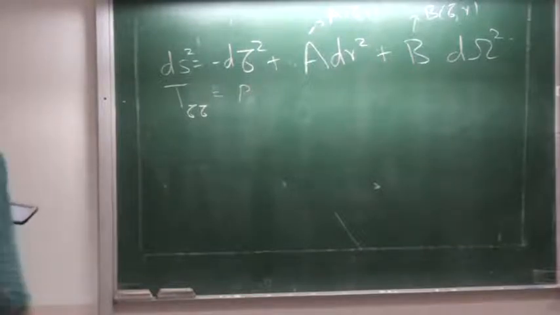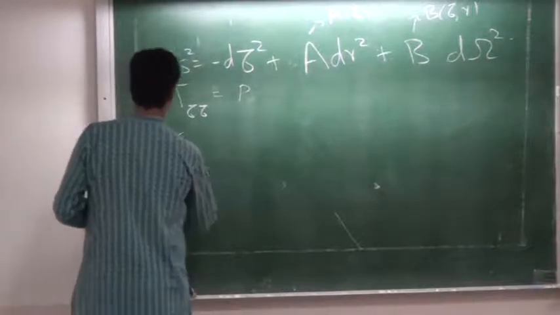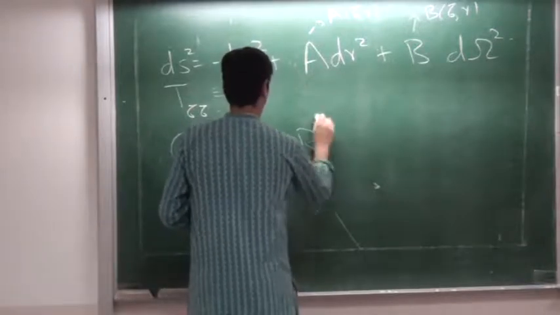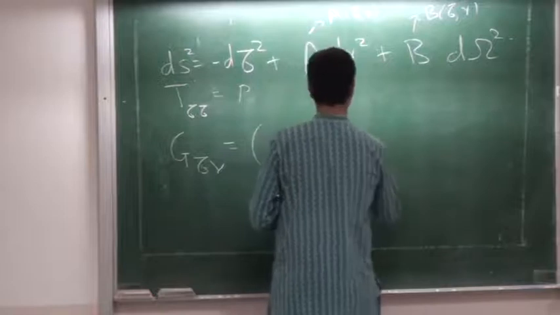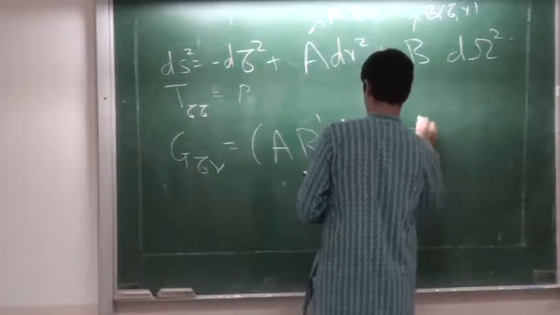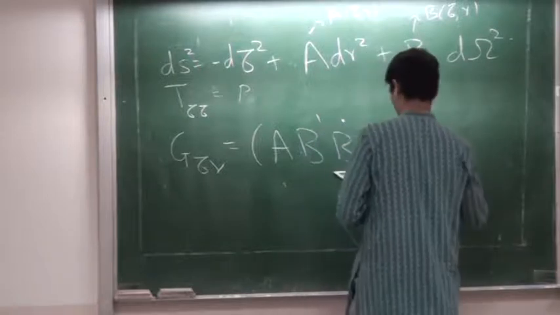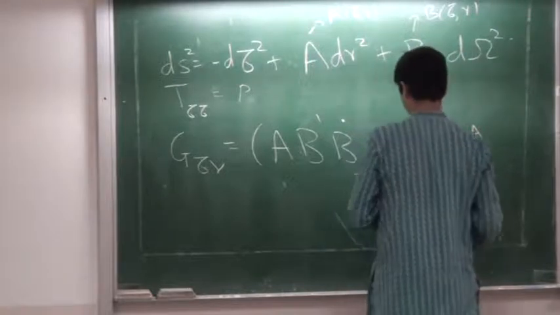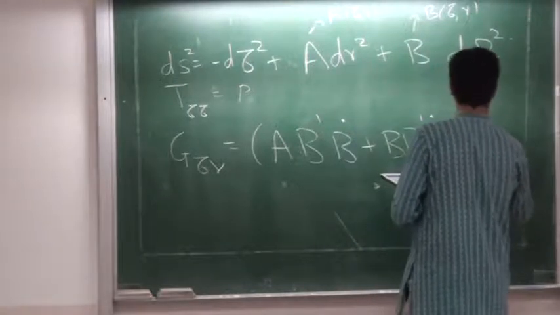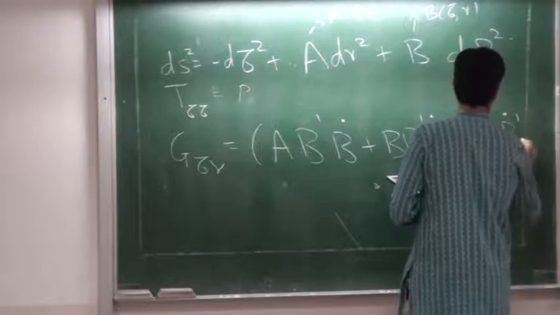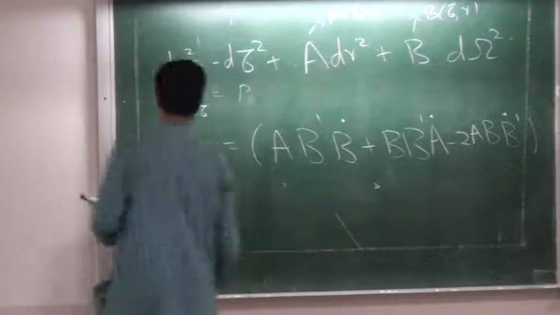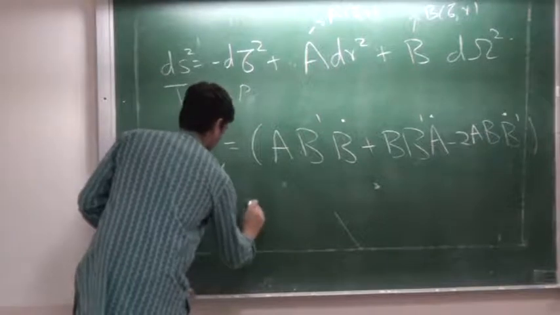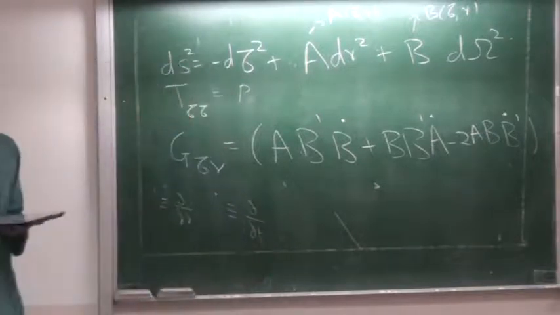So let me just write down the result for G tau R, where prime means differentiation with R, and dot means differentiation with tau.